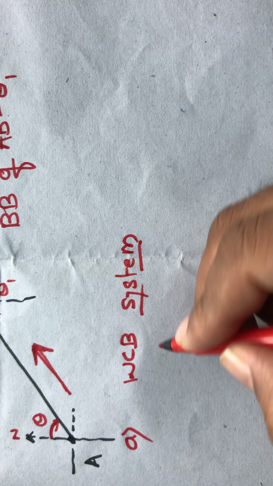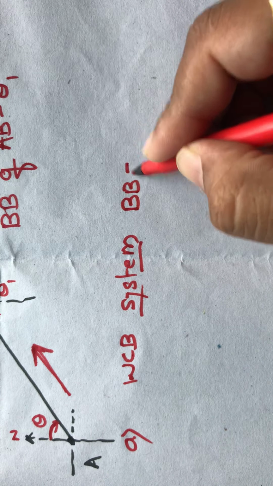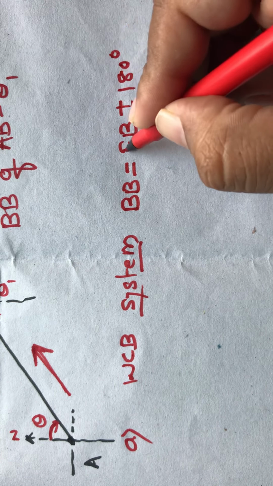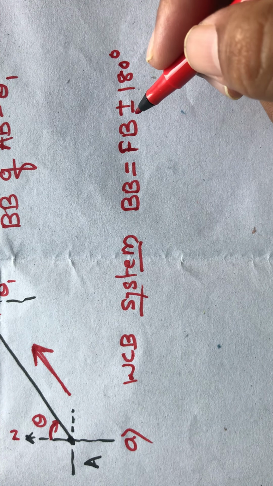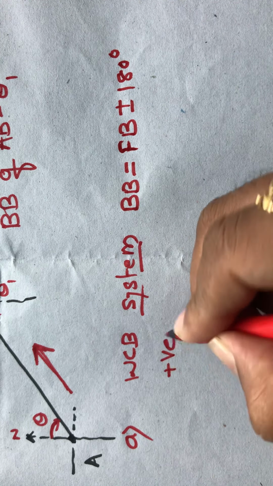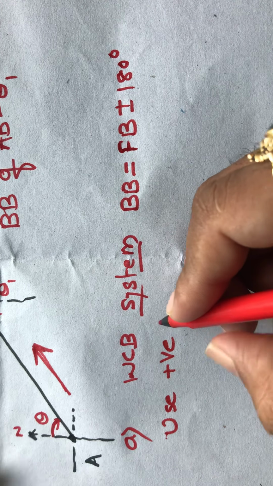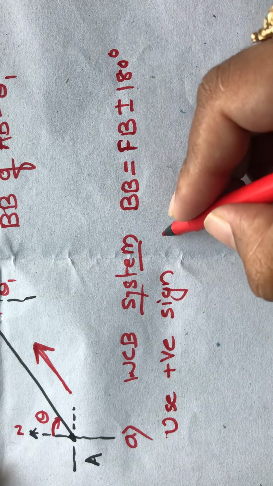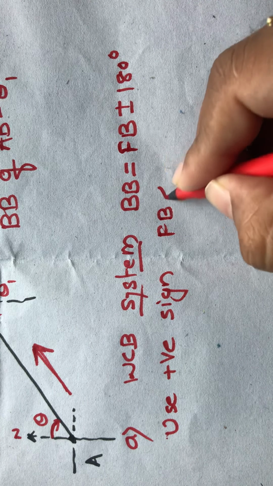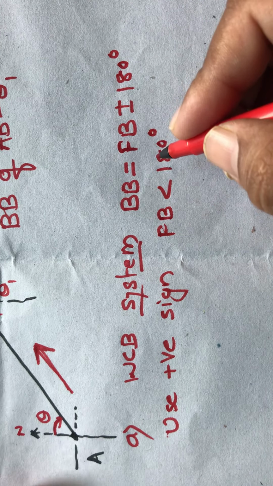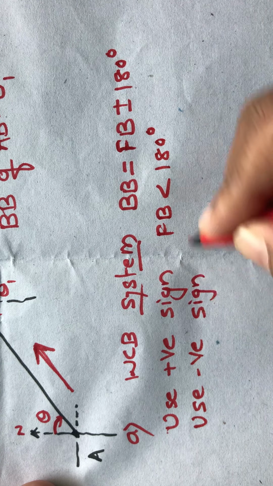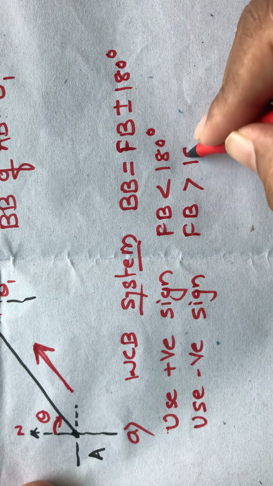That means back bearing equals fore bearing plus or minus 180 degrees. Use the positive sign when FB is less than 180 degrees. Use the negative sign when FB is greater than 180 degrees.